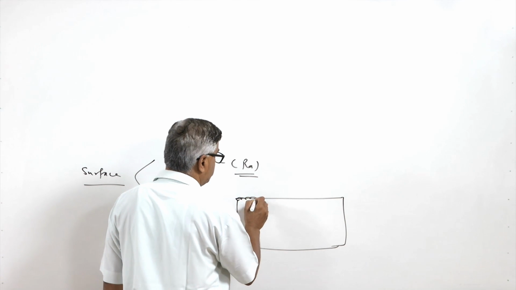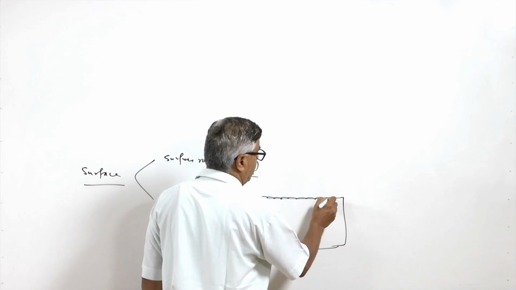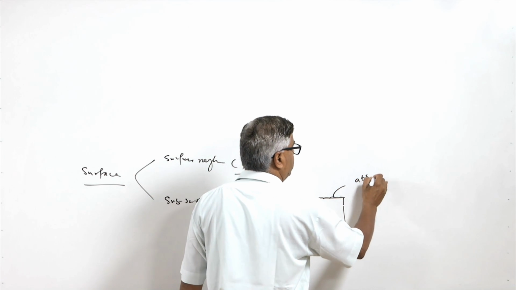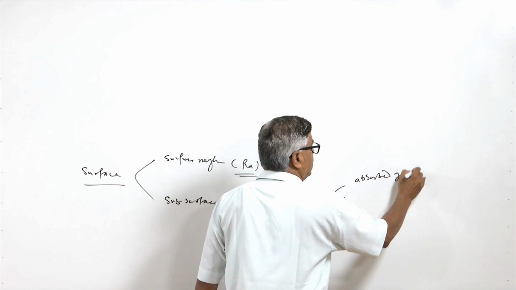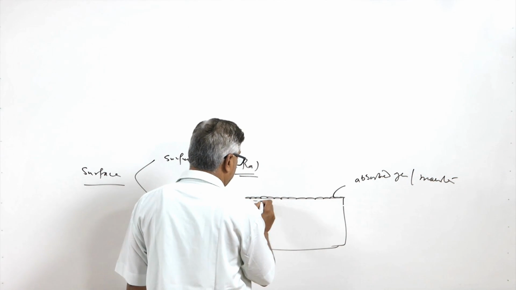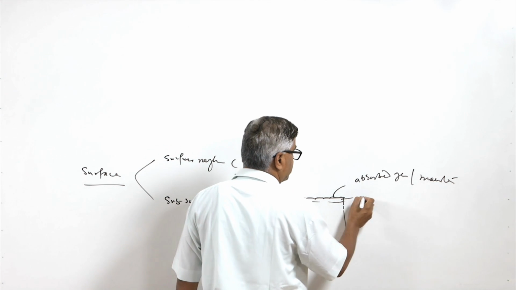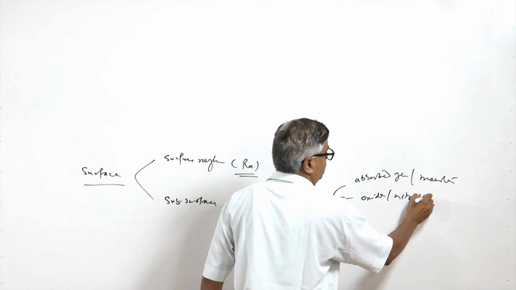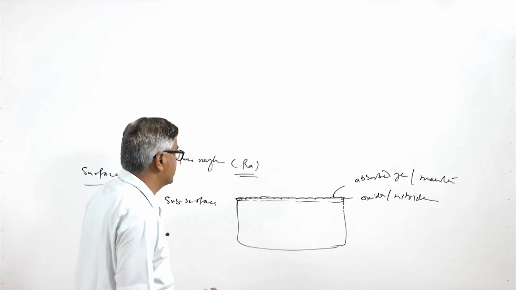The first zone is just at the surface, of very few angstrom thickness, having adsorbed gases, moisture, etc. Thereafter there is another layer which comprises basically oxides and nitrides due to the interaction of the substrate with atmospheric gases.